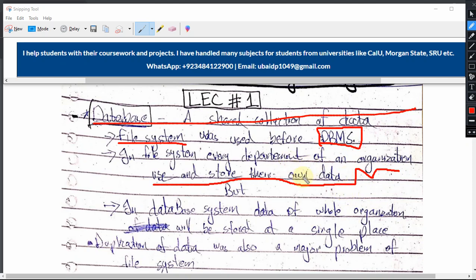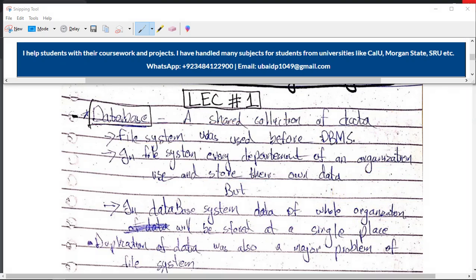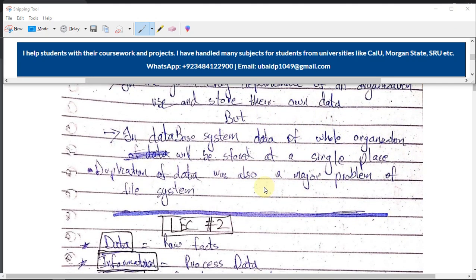So in the DBMS, the data of the whole organization will be stored at a single place. So everyone can use this data, and they feel like they own it, right? But the reality is it is shared among many users, right?